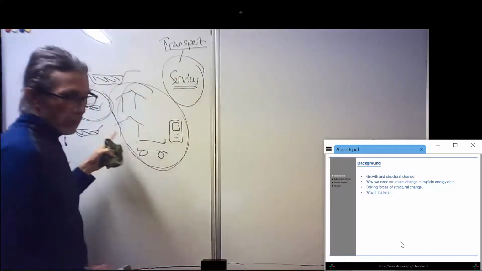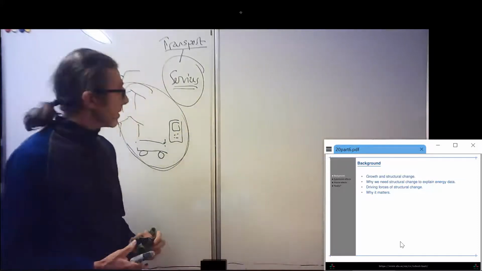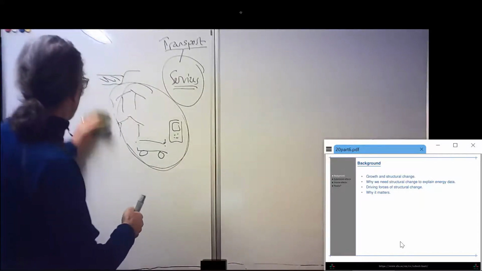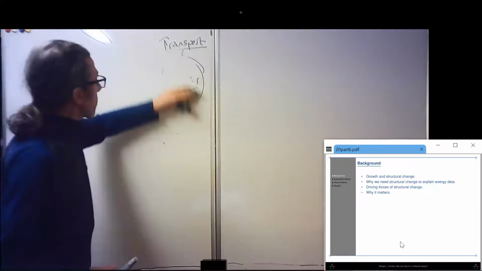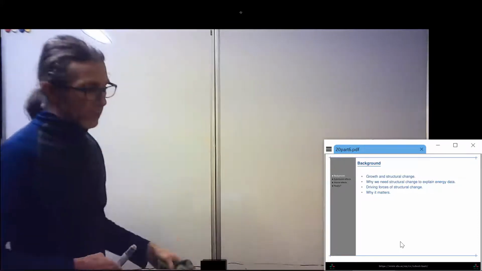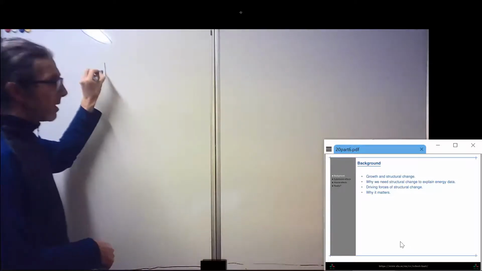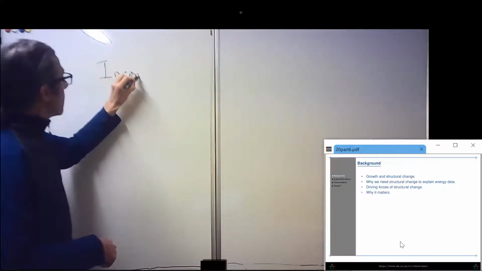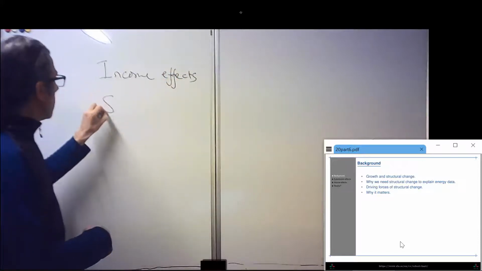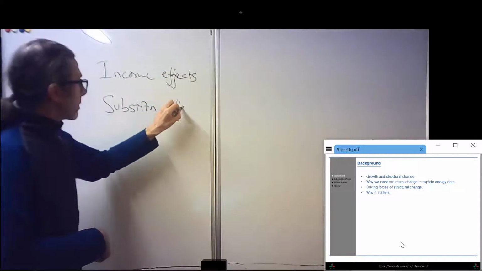So what causes these shifts? In general, in economics, shifts in consumption patterns, we tend to think, look, they must be either driven by income effects or substitution effects.